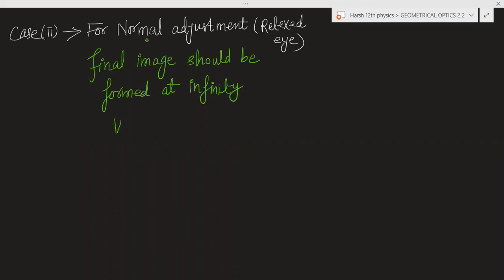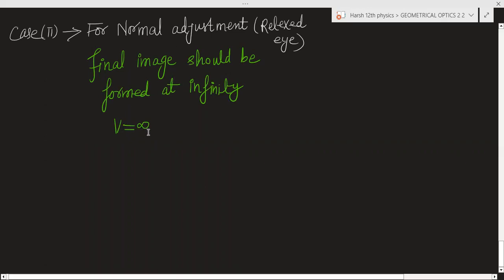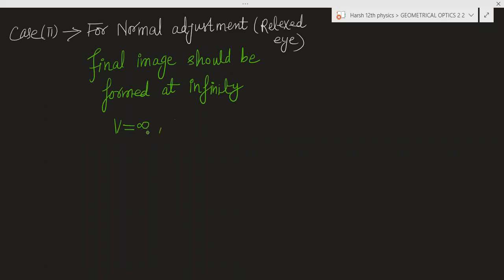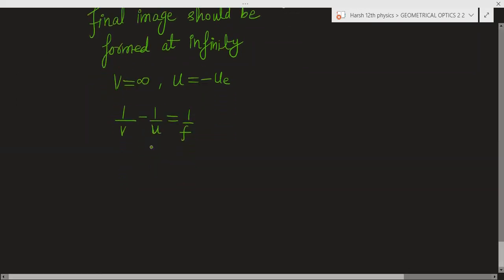Now the value of V will become infinity, meaning the position of the image will be at infinity, and U will be the same, U will be minus UE. Now you can apply this formula, 1 upon V minus 1 upon U is equal to 1 upon F. So from here you can calculate the value of 1 upon UE.